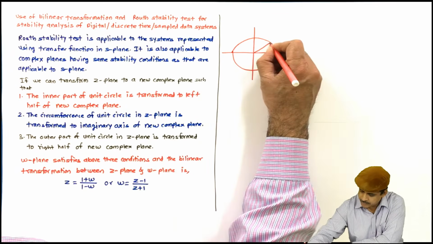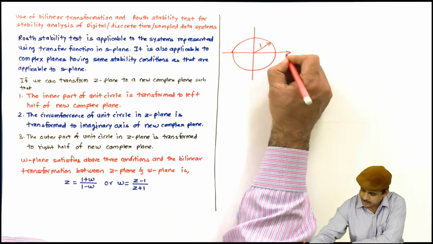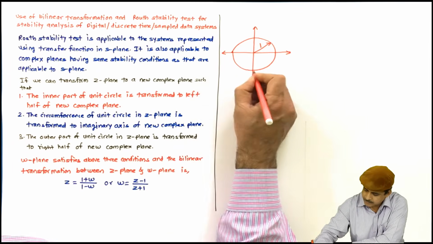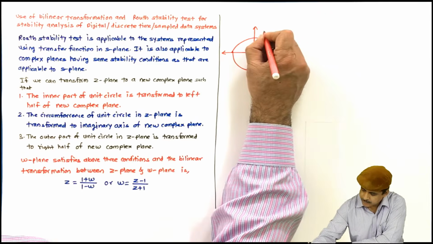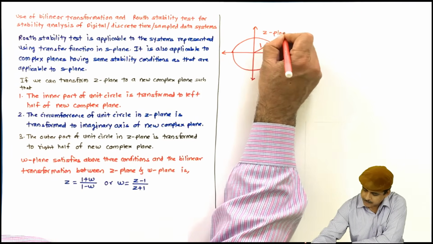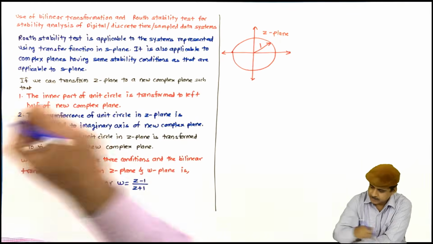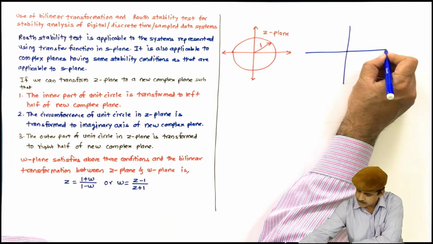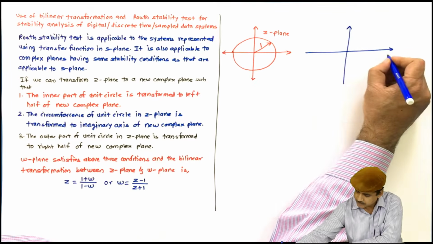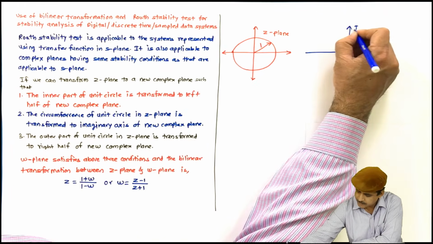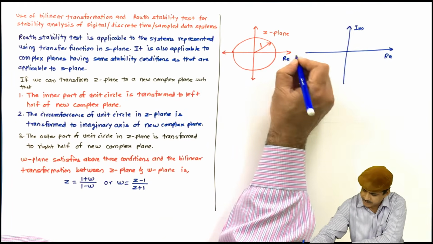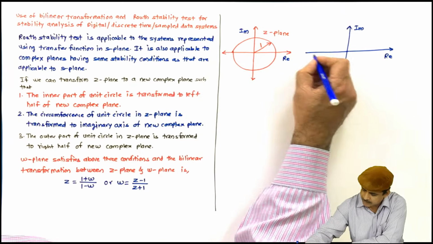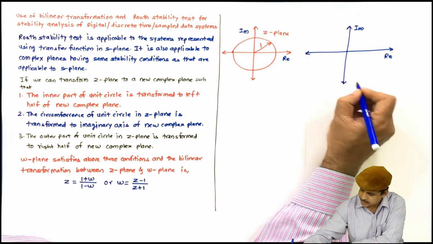This is the unit circle in the Z plane. And then let me mark the W plane. Real, imaginary. Even here there is real and imaginary, because both are complex planes.